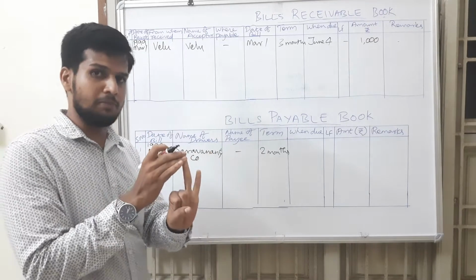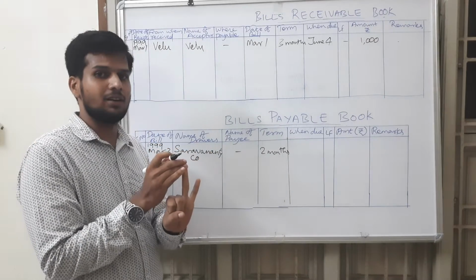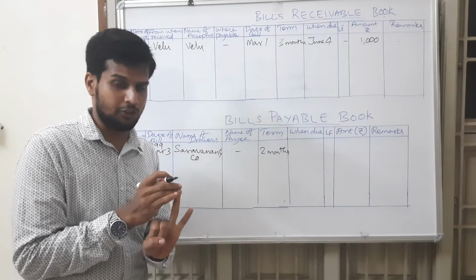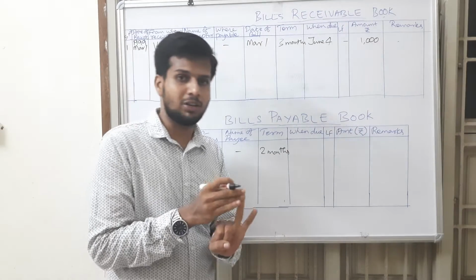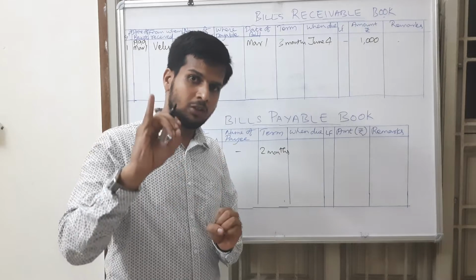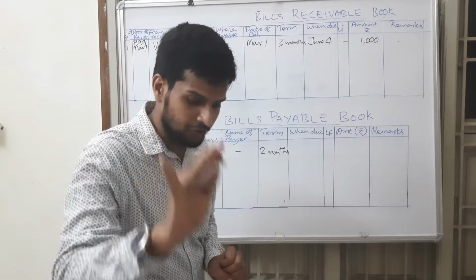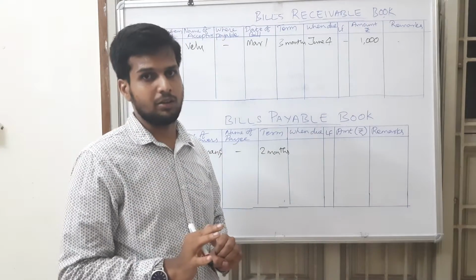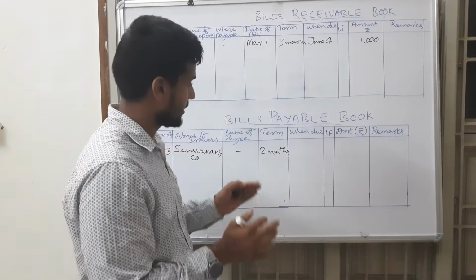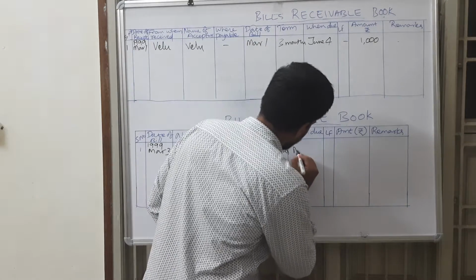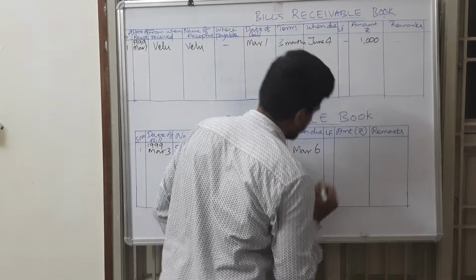It ends on May 3rd, plus 3 more grace days have to be added: May 4th, May 5th, and May 6th is the final day when we have included the grace days, right? So the due date of the bill is May 6th.